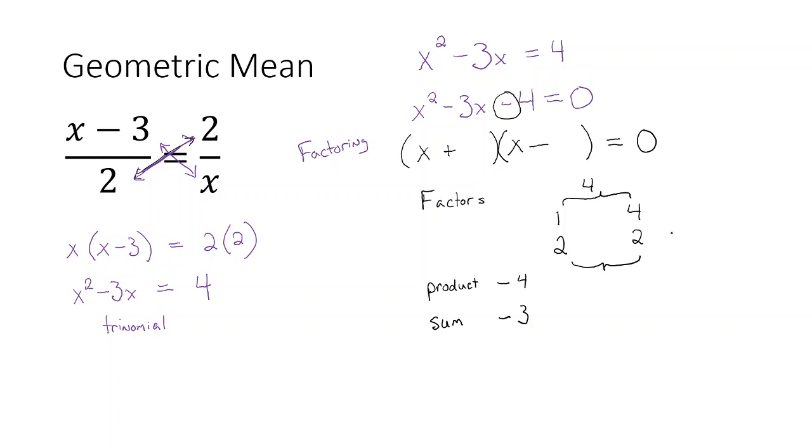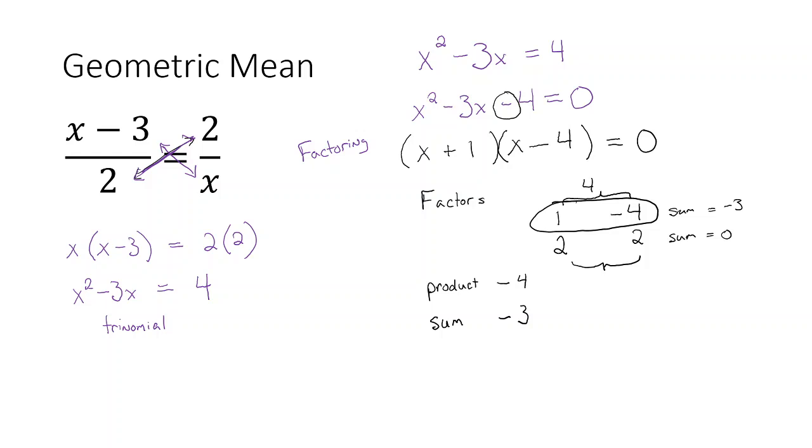Well, think about it. 2 plus a negative 2, their sum would be 0. But if you took the absolute value, the difference of these, if you had a negative 4 there, plus 1, the sum would be negative 3. So again, you're going to put in those factors right here, negative 4 and positive 1.